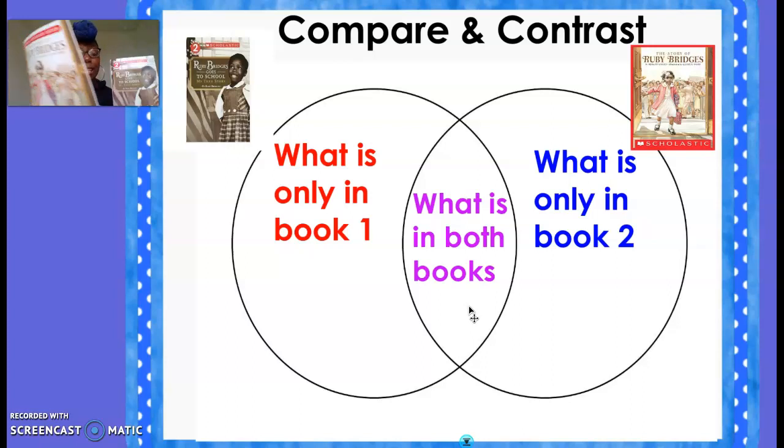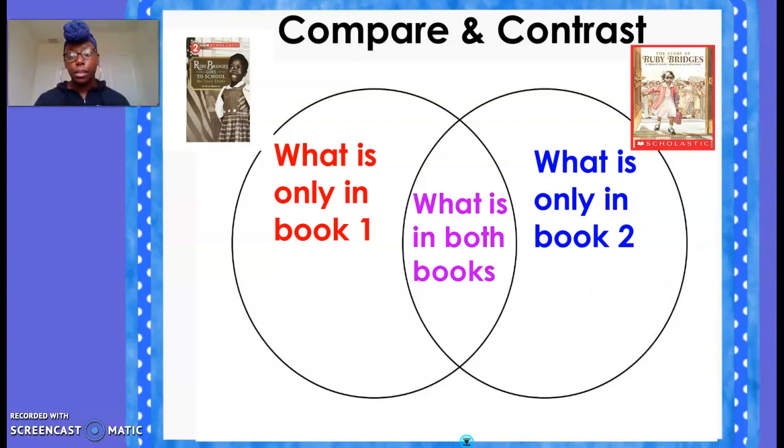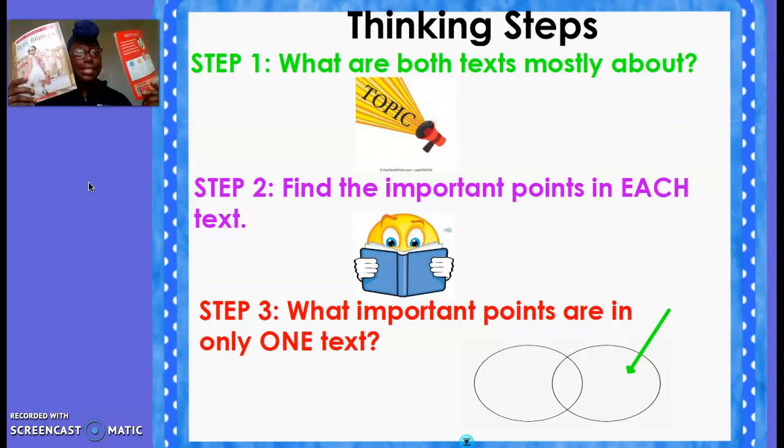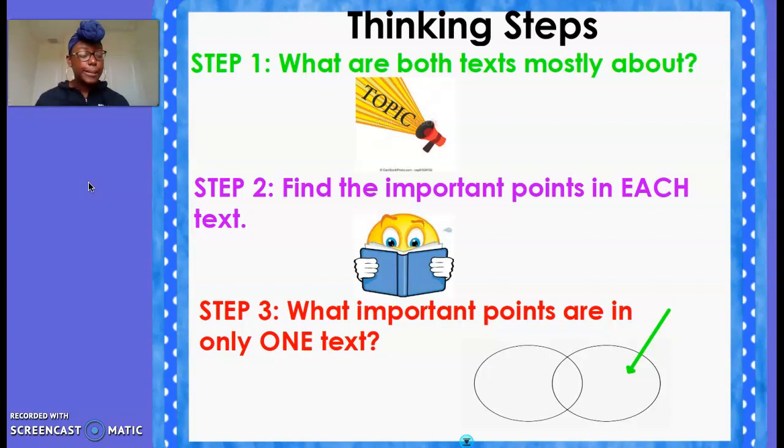Got it? Awesome. So in order to contrast, remember that word contrast, because I'm always thinking when I hear contrast, what is different in the books? When you hear contrast, think of difference.